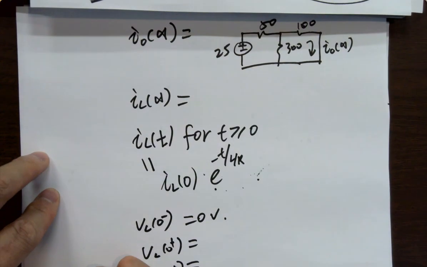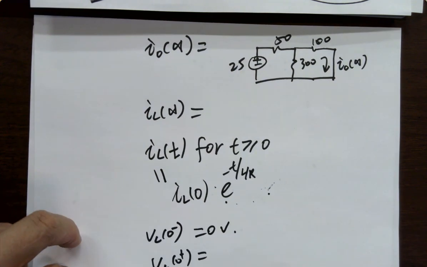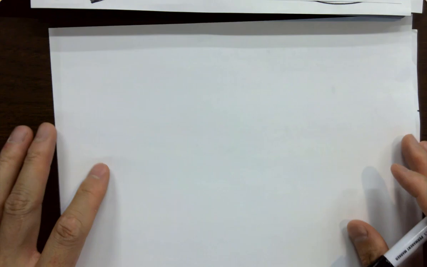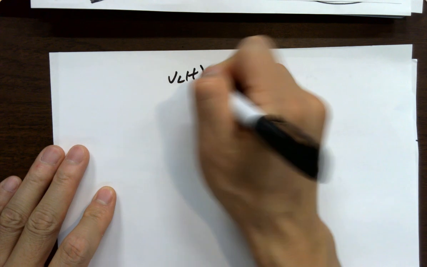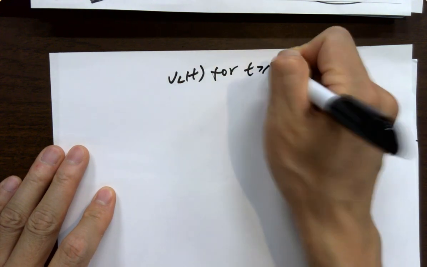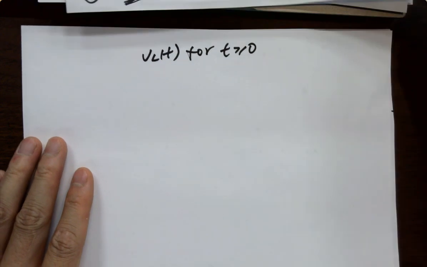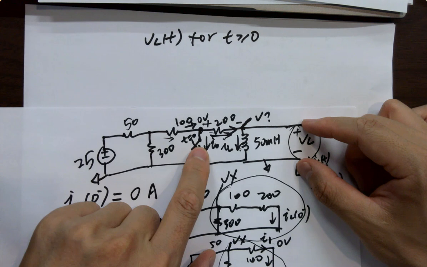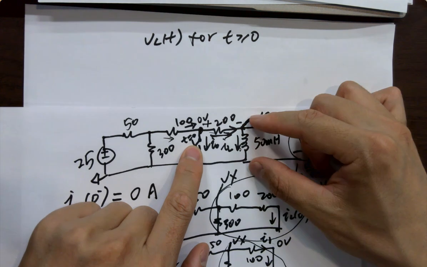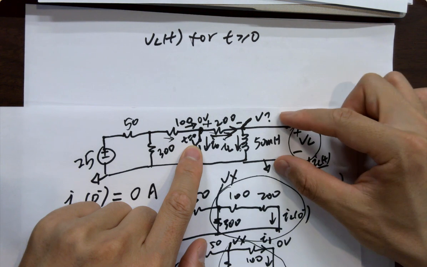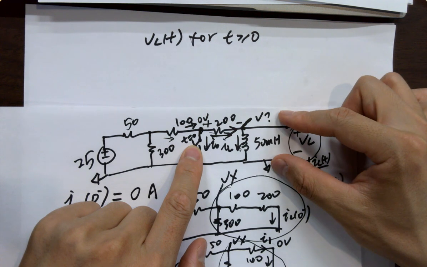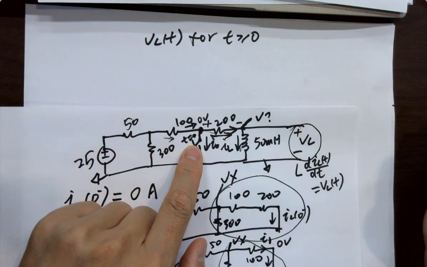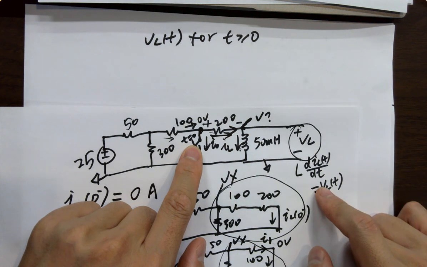Are you guys following? Any questions so far? What about VLt for t larger than 0? We close it. VLt is what? It's this, right?